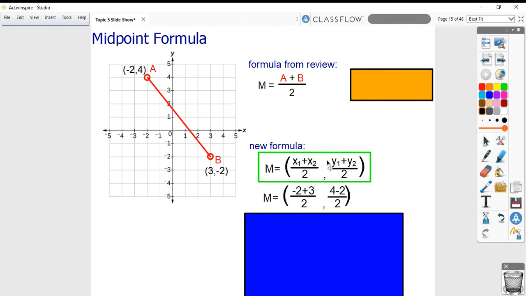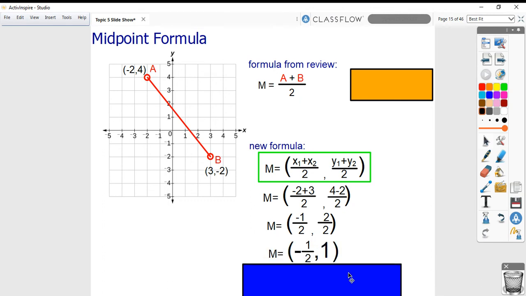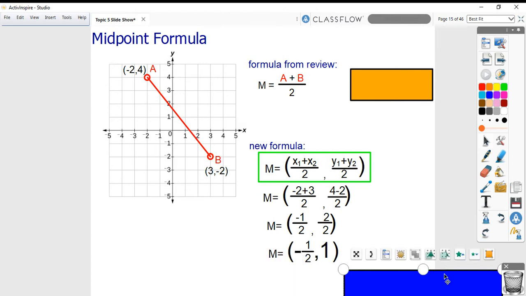It says to add those two things together, but 4 plus -2 is the same thing as 4 minus 2. So that's where that comes from right there. We end up with -1 over 2 and 2 over 2. Well, this 2 over 2, anything over itself is always going to reduce down to 1. Okay? Oh, there's a mistake right there. Okay? Before we move on, let's address that mistake.